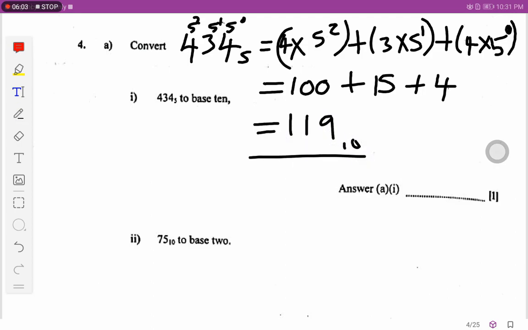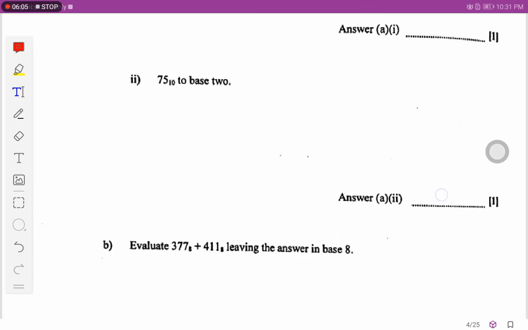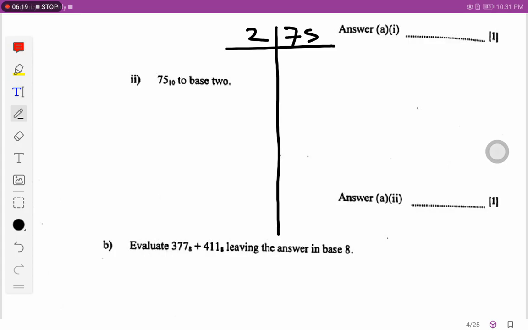That's our answer there. Then the next part, we want to convert to base 2. So from base 10 to base 2, we just do long division. So I can say 75, and I'm going to divide by 2. 2 here, I get 37, remainder 1. 2 here, 18, remainder 1.